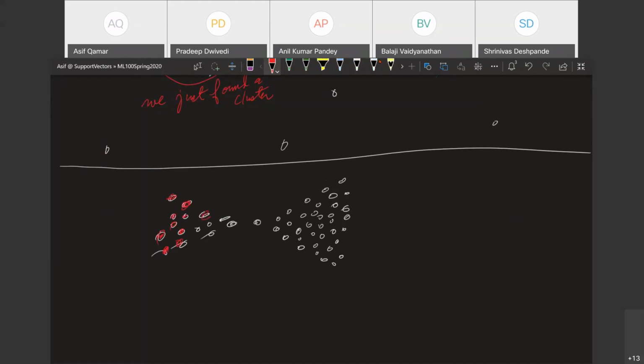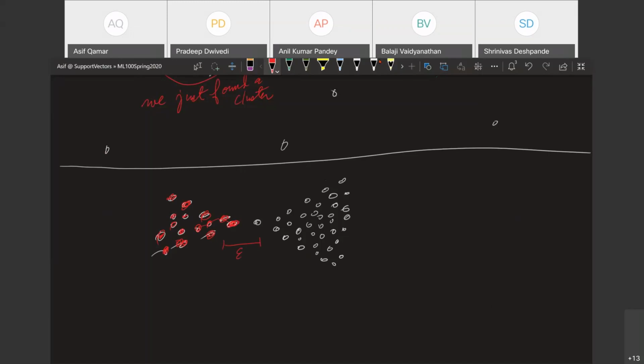Then the question comes, you reach this point from an interior point, isn't it? You went like this, you reached here, so it is still part of the red cluster. The question is, what is the size of the epsilon neighborhood? Suppose your epsilon neighborhood is this big.